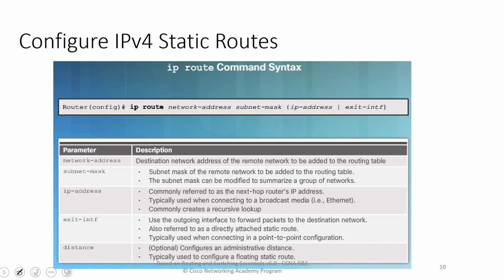So now we will briefly look at how we can configure IPv4 static routes, and then we will also look at how we can do that for IPv6 as well. Here the thing that I want you all to remember is, the configurations for different routers and devices may slightly differ from vendor to vendor.